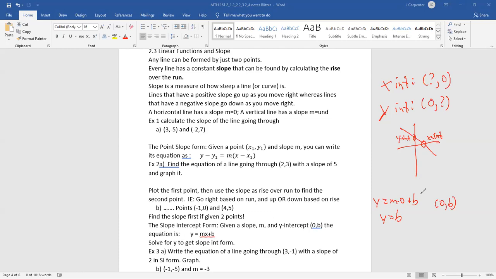Again, even though we've already been doing that, now I'm just being a little more specific. So when I say to write it in slope-intercept form, that means to do what? Solve it for y. And after that, we want to graph it, of course. We want to get as much practice at first with this as we can. So our point is 3 comma negative 1, and our slope is 2.